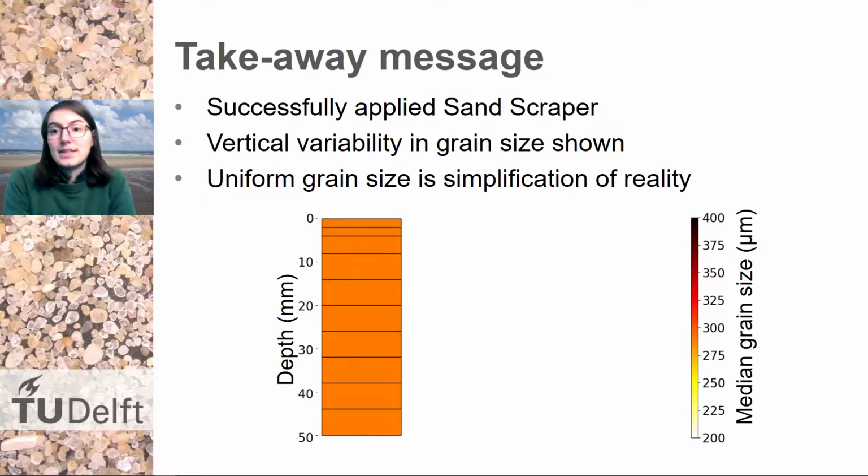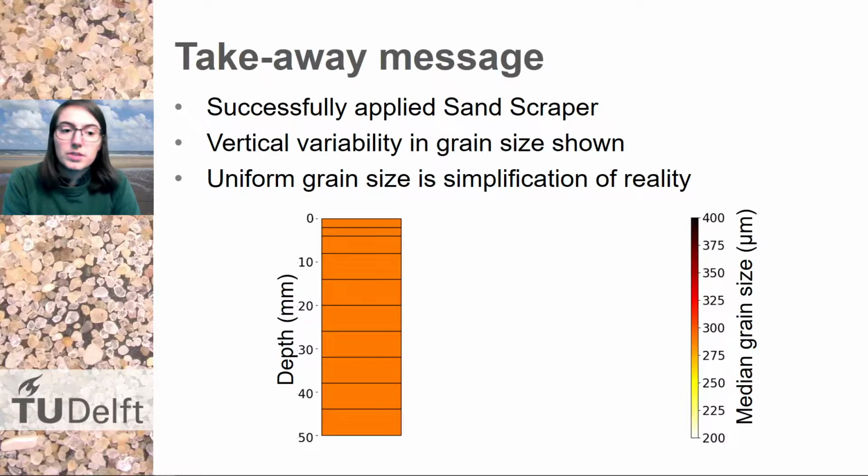And then as a takeaway message, the measurements with the sand scrapers are a big improvement compared to grab sampling. We see the vertical variability, and we no longer have to assume uniform grain size in those upper 5 centimeters. Because that uniform grain size is really a simplification of reality.